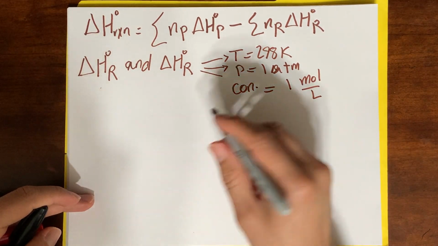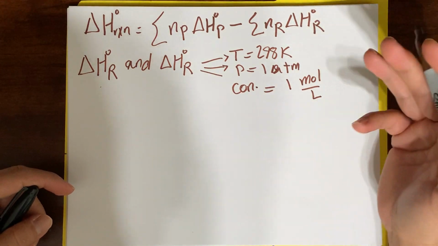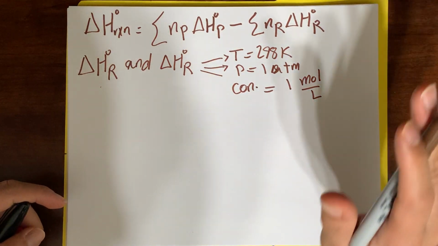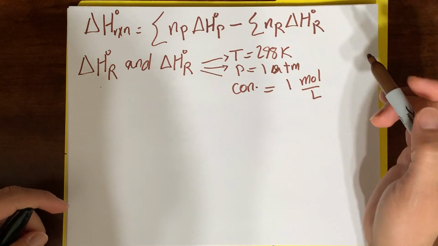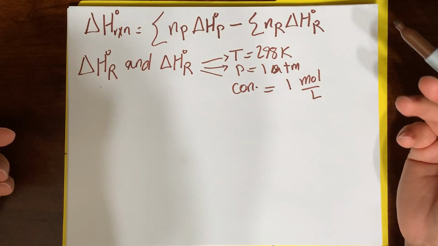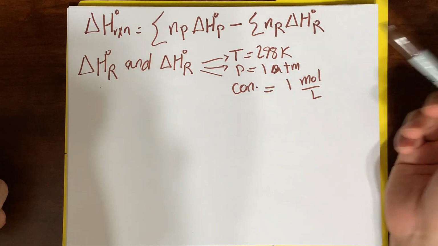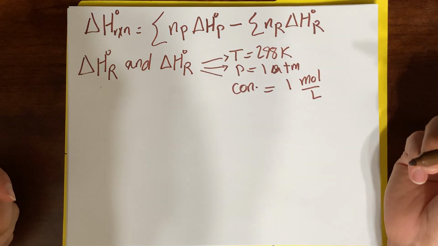And you have the most stable phase of that element. You treat it as a reference, and you compare the energy of the new compound you made with the reference, and then you get the delta H for it.